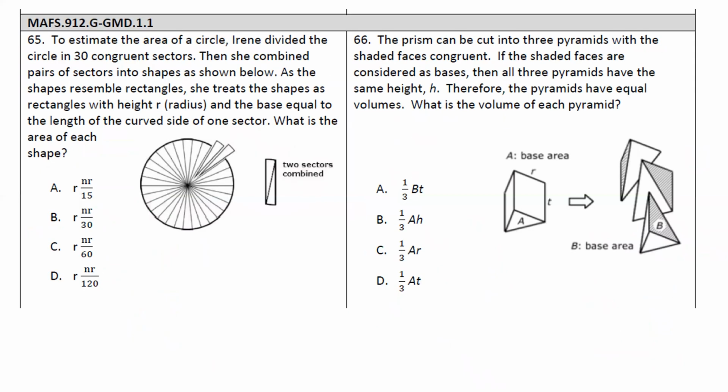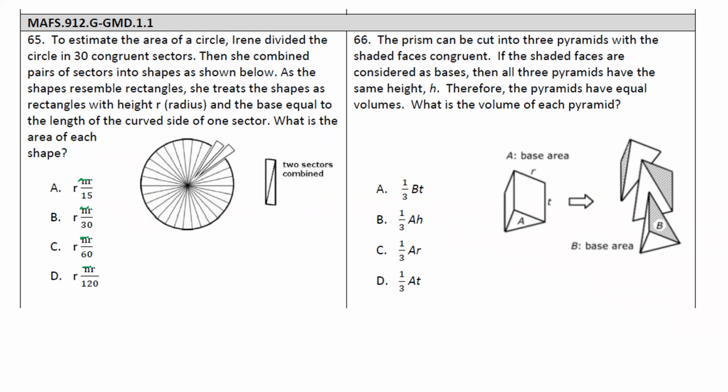On 65. All right. There is an error in our answer choices there. It says n. Those should be pi's. So this should be pi, pi, pi, pi. So I got kind of screwed up. But they gave us a circle separated into 30 sectors.